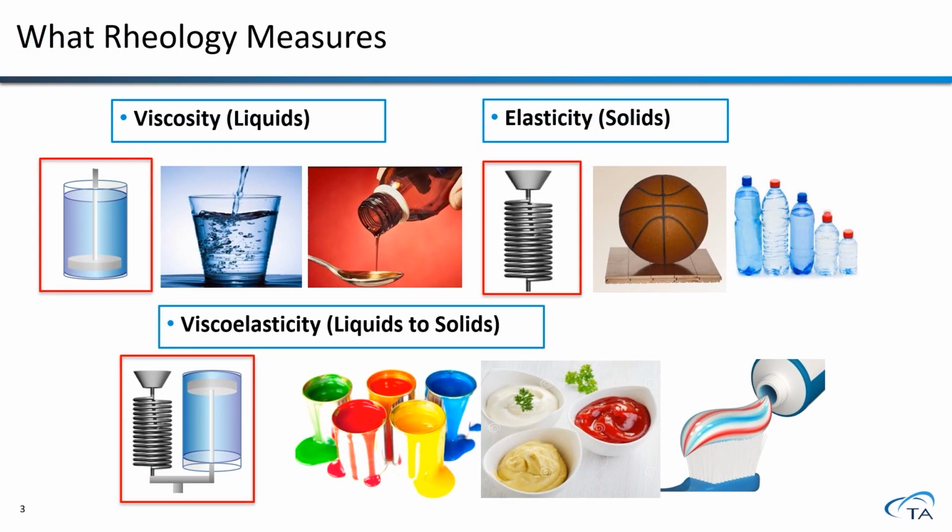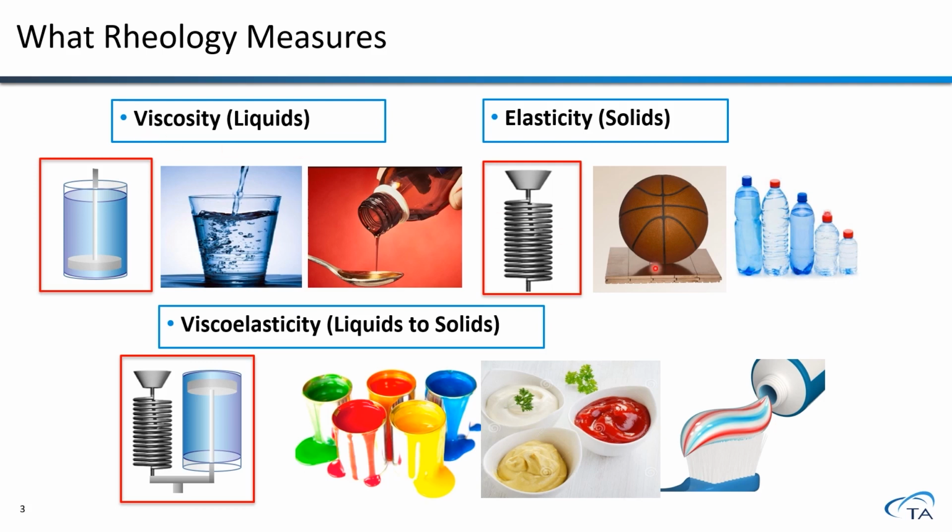First of all, let's remind ourselves on what rheology measures. Like we have discussed earlier in Section 1, rheology can measure samples' viscosity, elasticity, and also viscoelasticity. If your sample is liquid and pourable, you can use rheology to measure its viscosity.